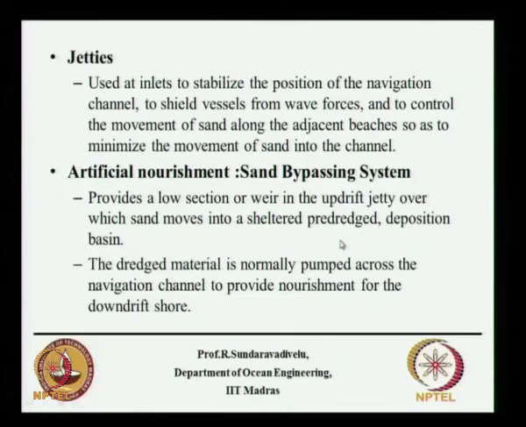This sand is in a sheltered pre-dredge deposition basin. The dredged material is normally pumped across the navigation channel to provide nourishment for the downdrift shore. Normally for artificial nourishment we build a sand trap, especially on the east coast. The sand trap is on the southern side where the sand gets deposited.